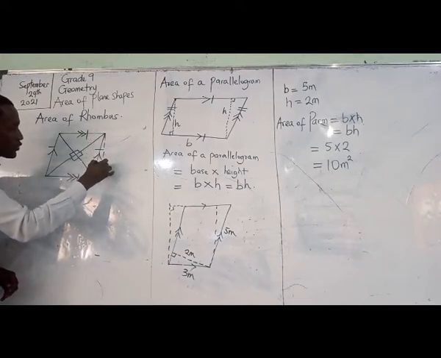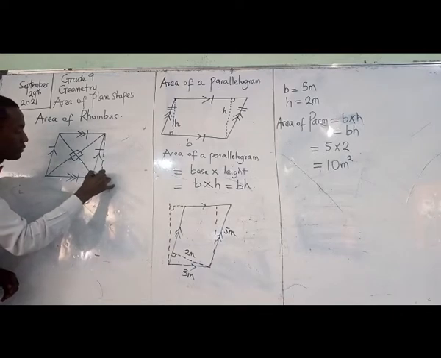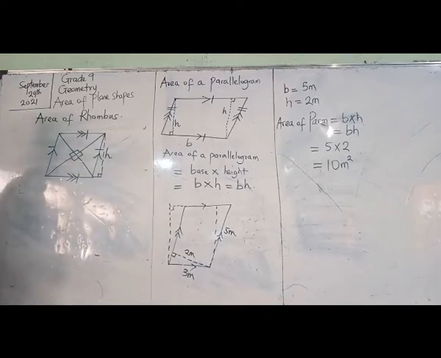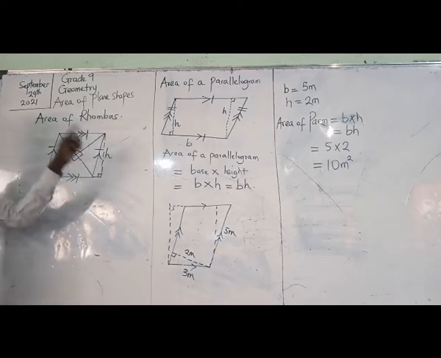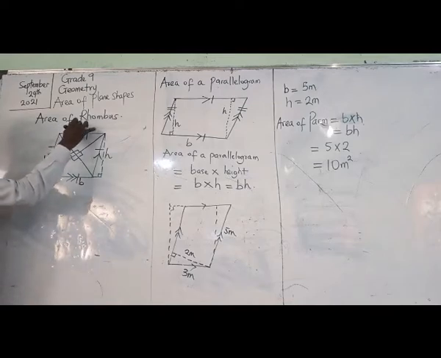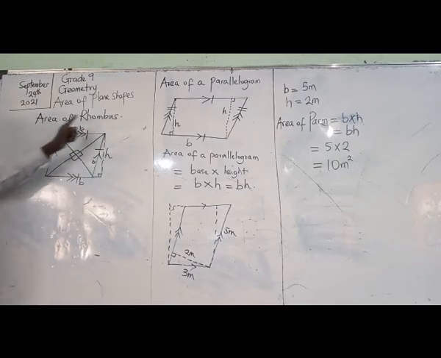I didn't tilt it enough, so you may not really appreciate what I've done. So this part is called the height. And because we said that all the sides are equal, all the sides can be correspondingly called a base. I'm using the same letter B for all of them, because all the sides are equal. But watch carefully.